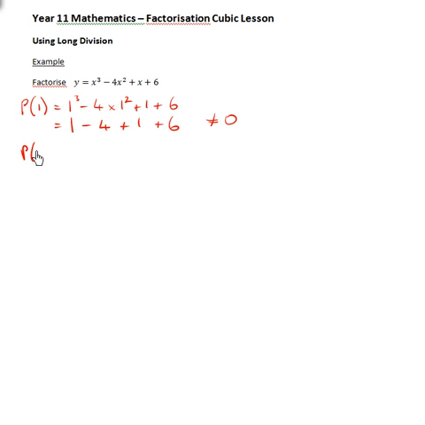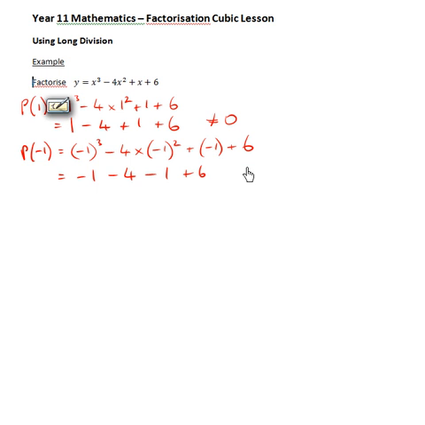So then I try negative 1, and I get negative 1 cubed, take 4 times negative 1 squared, plus negative 1 plus 6, which equals negative 1, take 4, take 1 plus 6, which does equal 0.